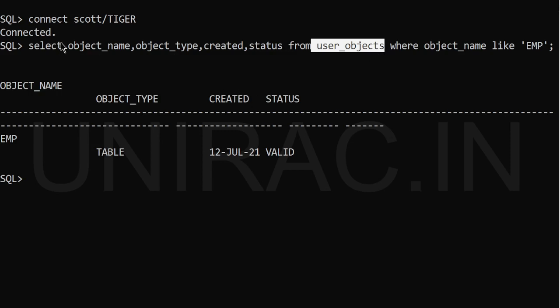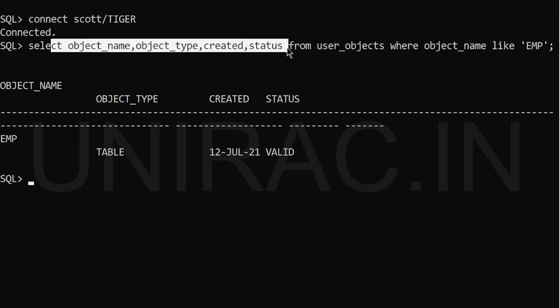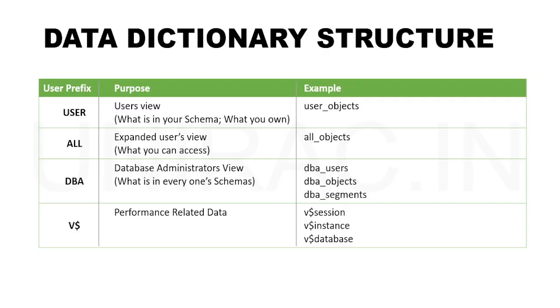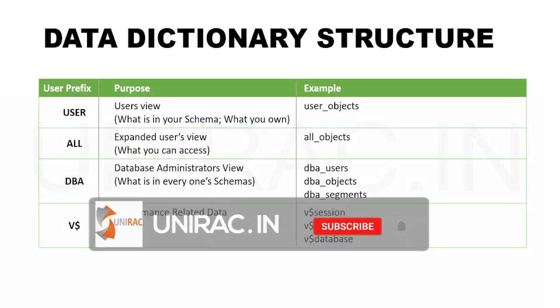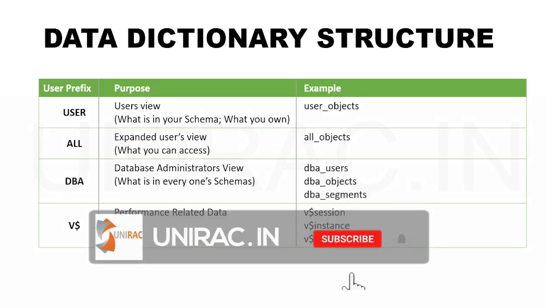We can add many columns based on the requirement, and we can get more information about the metadata. Okay guys, this will help you to find your dictionary tables and how to query your dictionary information, metadata information from your dictionary tables.